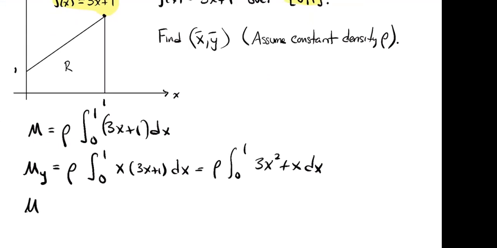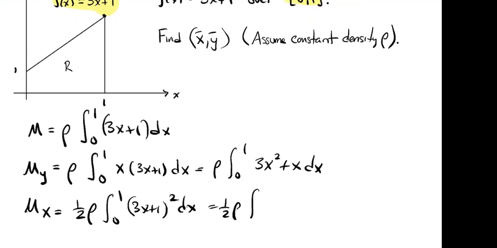You've got to compute mx. mx is 1/2 rho times the integral from 0 to 1 of the quantity 3x plus 1 squared. So that's 1/2 rho times the integral from 0 to 1 of 9x squared plus 6x plus 1. So polynomial. Please check these things.